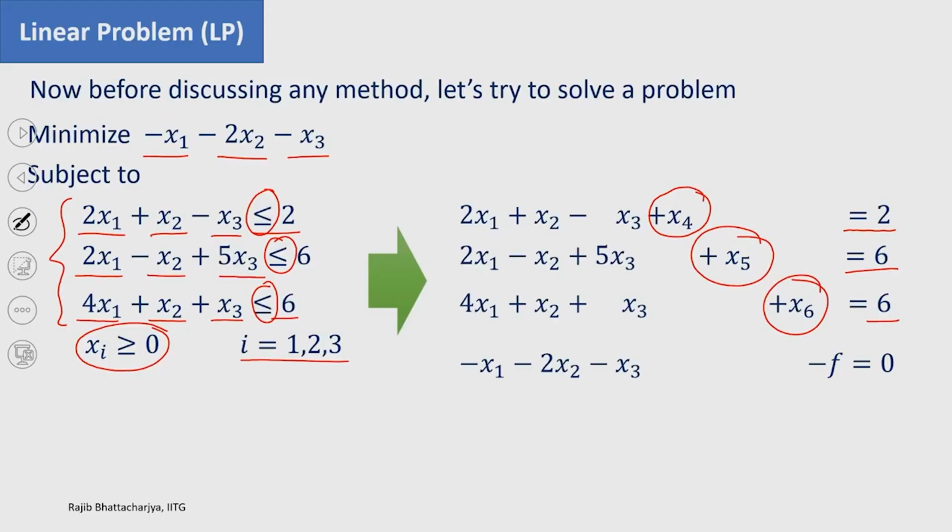Then I am writing the objective function. The objective function is minus x 1 minus twice x 2 minus x 3, and I am writing minus f. So f also I am taking on this side, which is equal to 0. Or you can say that if you take f on the other side, then f equals minus x 1 minus twice x 2 minus x 3, but I am putting f on this side, so this is minus f equal to 0.